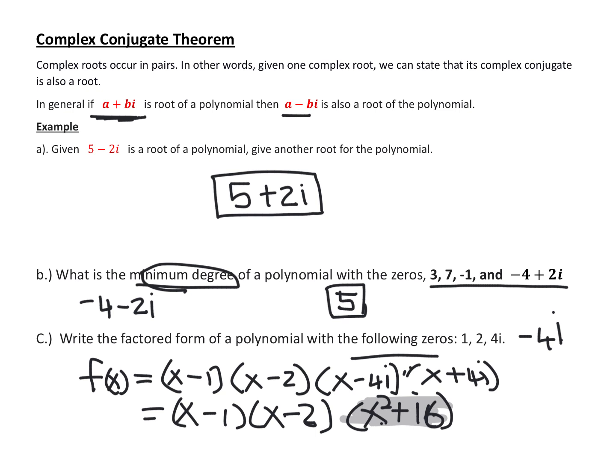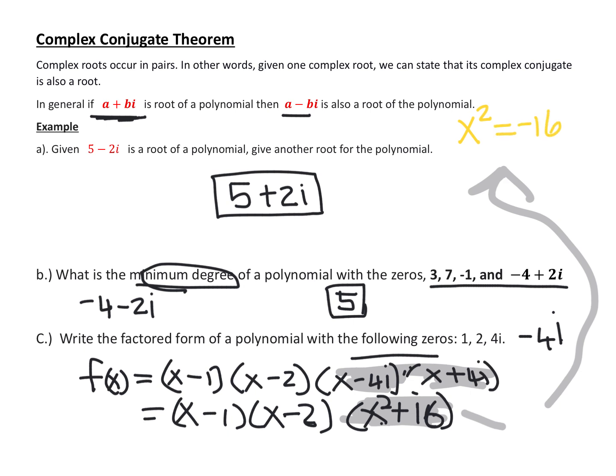That's how I get these two. And maybe you are asking yourself, where do these kinds of zeros come from? You can see this last part here. If you solve this one, you have x squared plus 16 equals 0. I move the 16 over to the other side, negative 16. I find the square root of both sides.